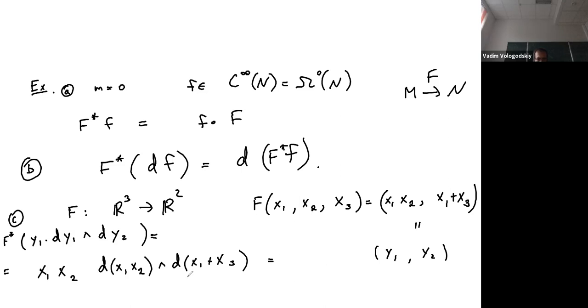And so let's write it in terms of the basis in the space of differential forms on R3. So the observation is that this one form, that's the differential of a function. This is actually the differential of a product of two functions, and this can be computed by the Leibniz rule.